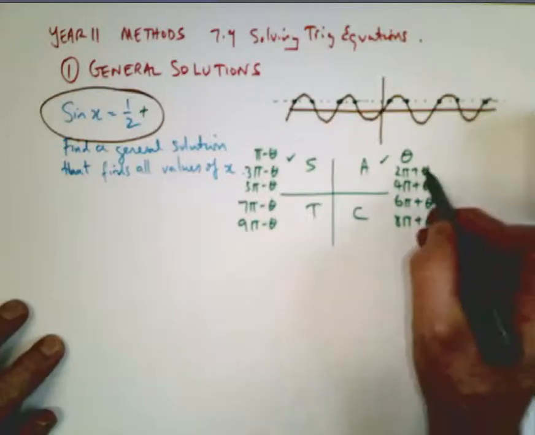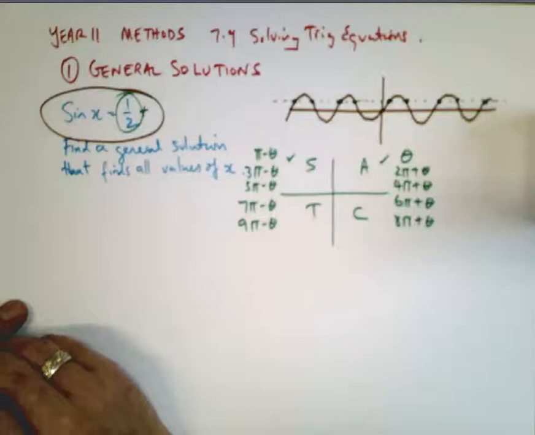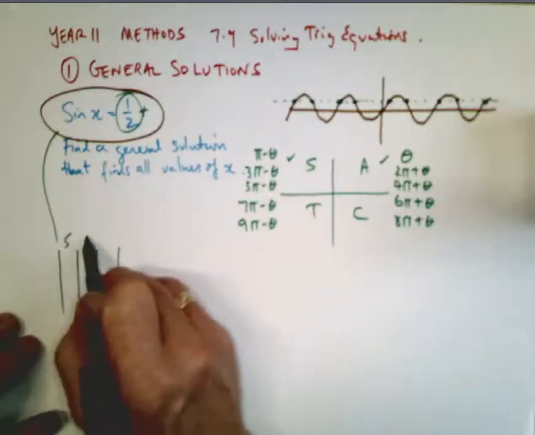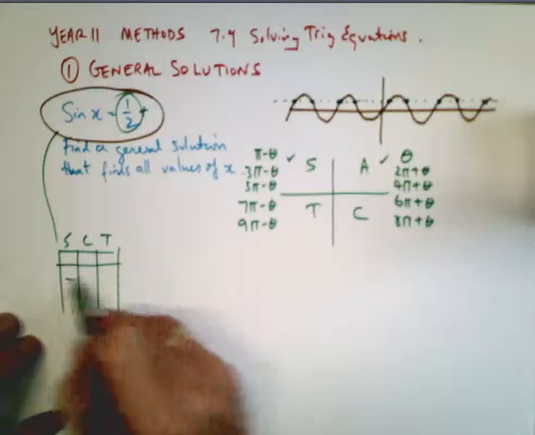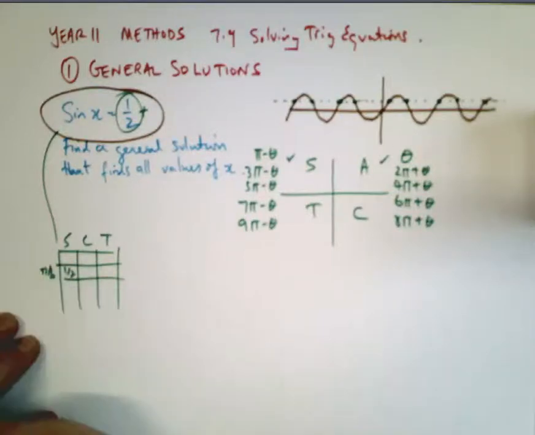I can work out what theta is because I know that sine of x equals a half, and I could go to my table and look down the sine column and find a half is pi on 6. So I know that theta equals pi on 6.